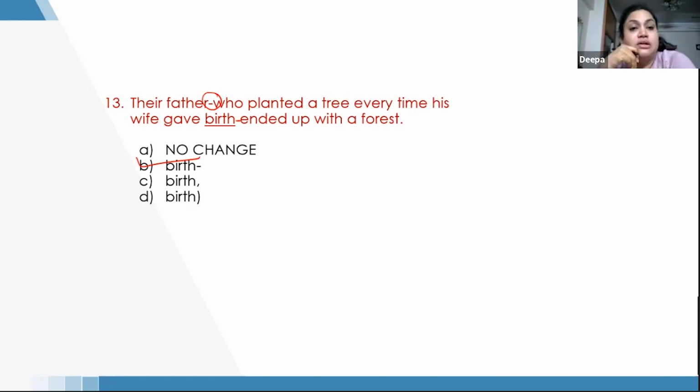You should not first see the options and then decide the answer. Rather, you should look at the question first. You have 40 seconds for each question. So you should first look at the question and then you should be looking for an answer. Here, B is the right option. Let's go to the next question.